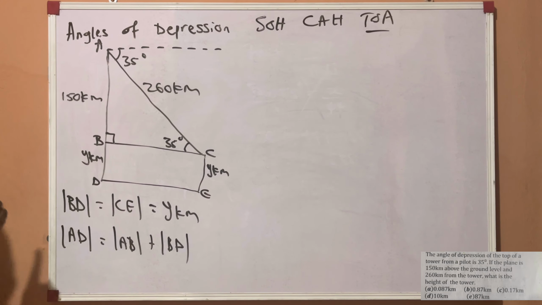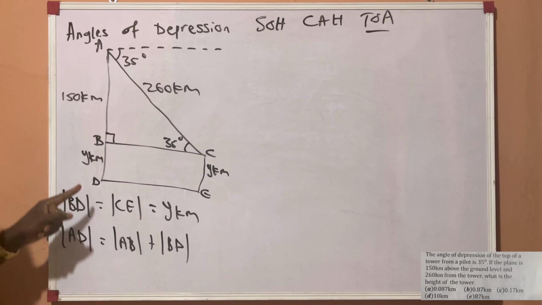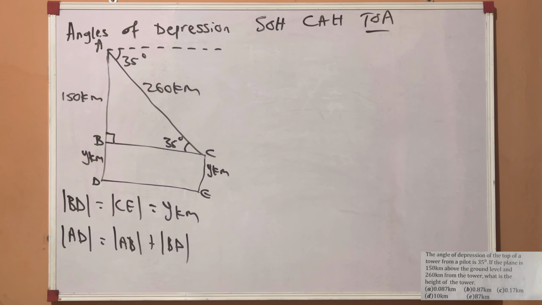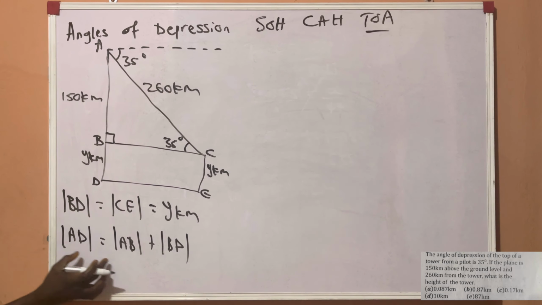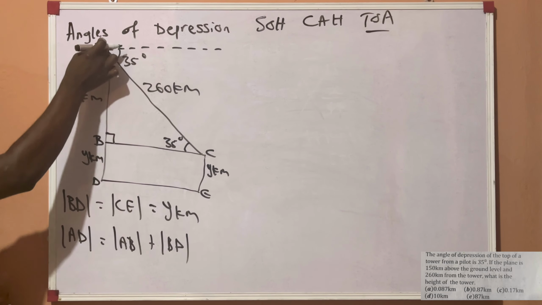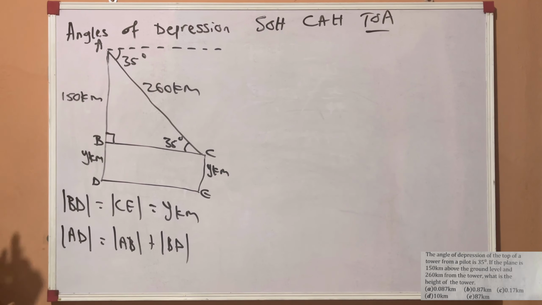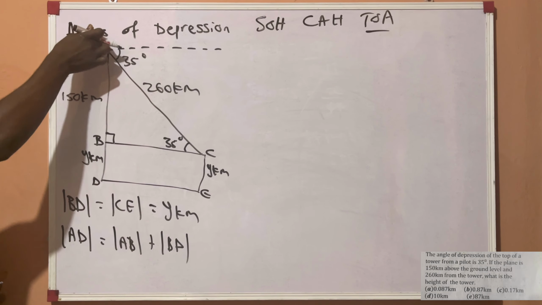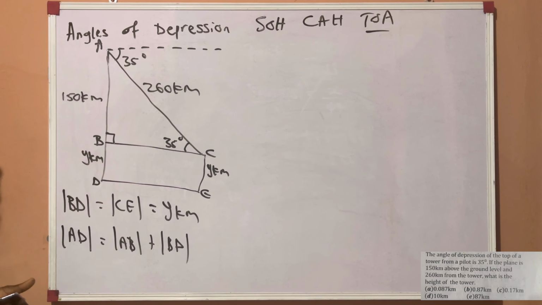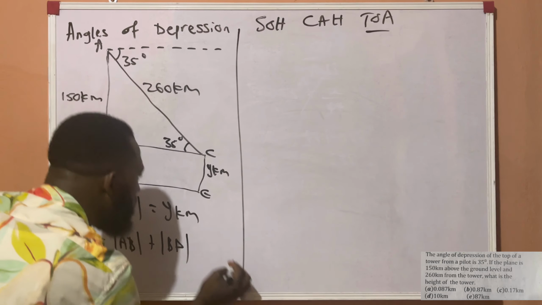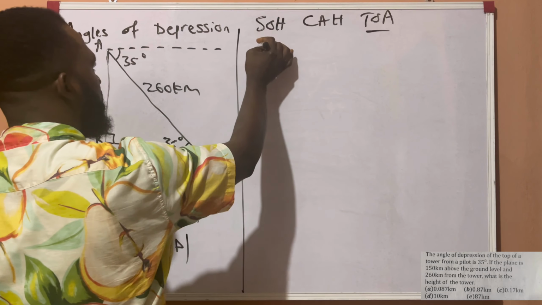Look at what they say we should calculate for now, BD. If line AD is 150 kilometers, we don't know what line AB is, which is from this point to this point. So what I'm going to do first is calculate for line AB, and then I will be able to get line BD. Without wasting time, let's bring it out. Bringing this diagram out, which is like this.